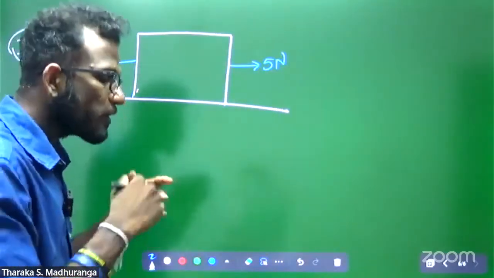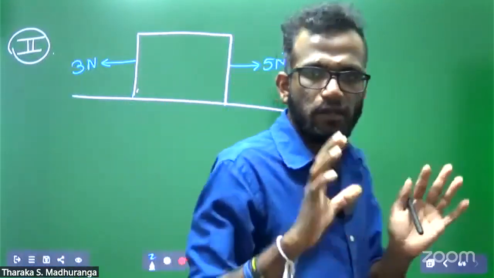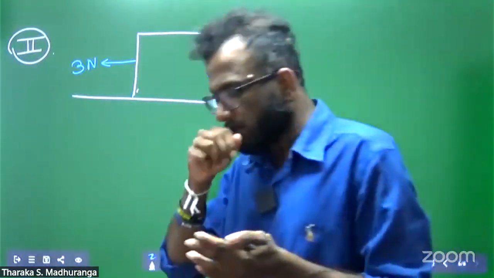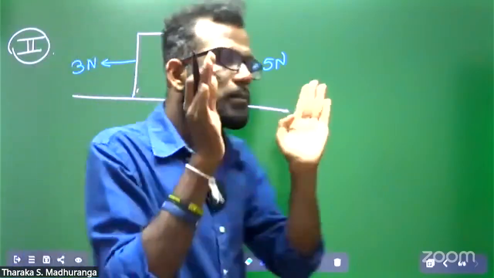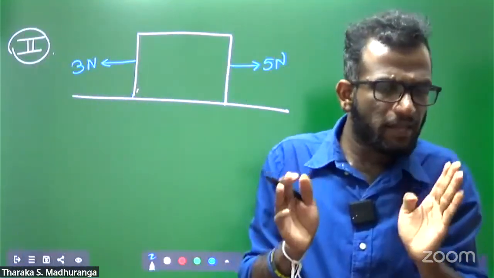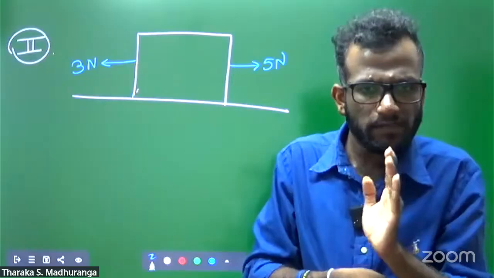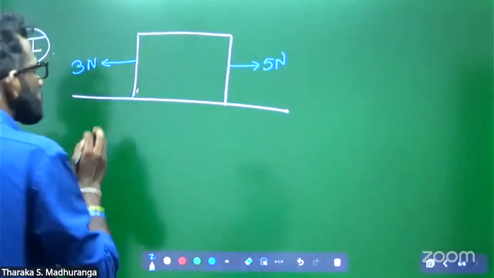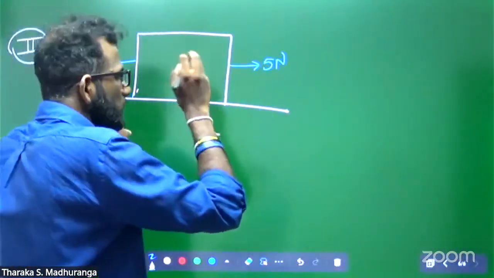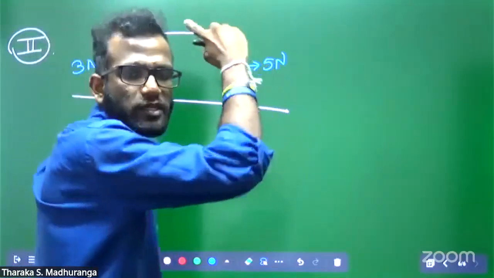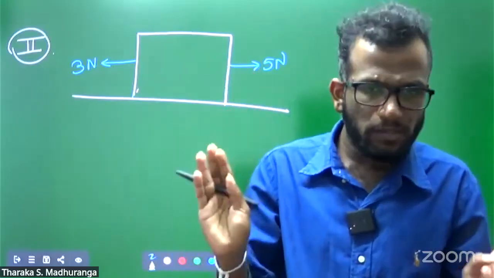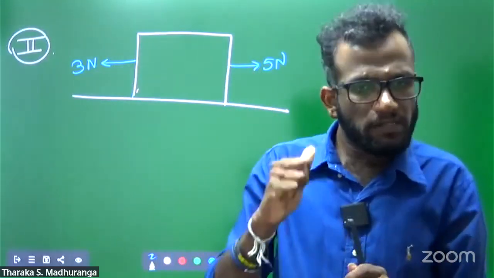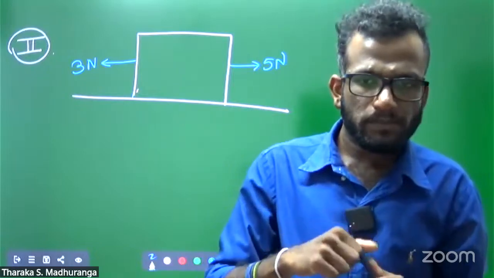If there is any object not balanced, that's the second law. Very simply you can understand. Now this object is not balanced. What is the motion type of this object?